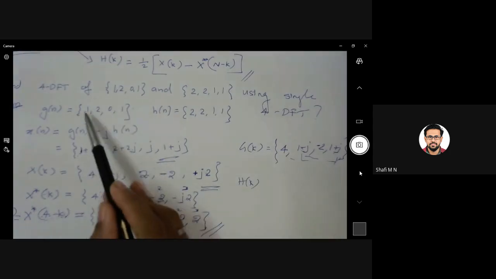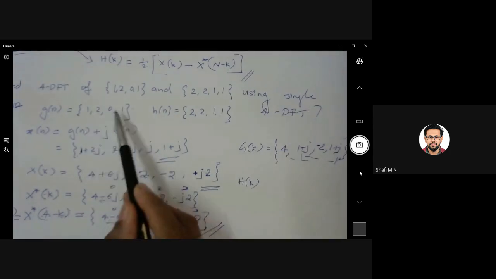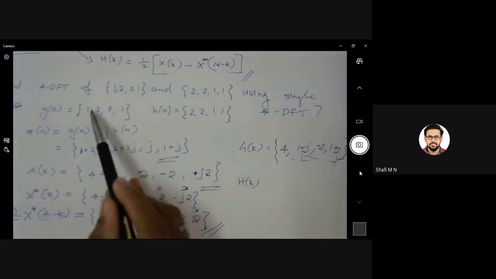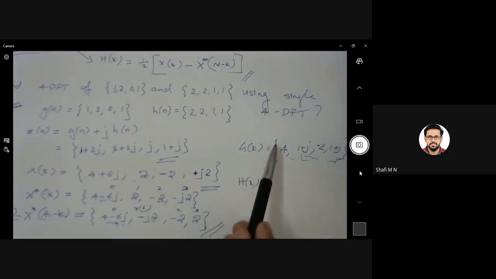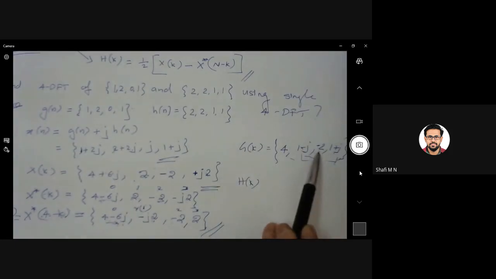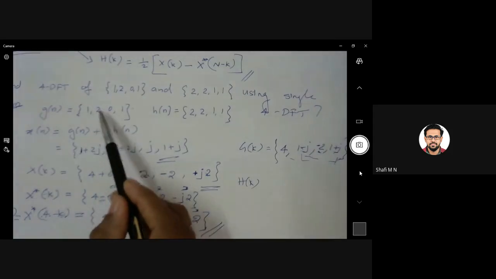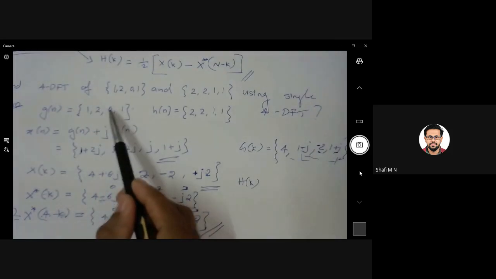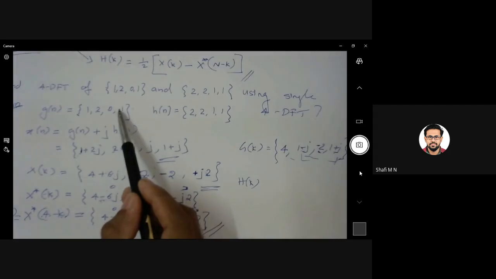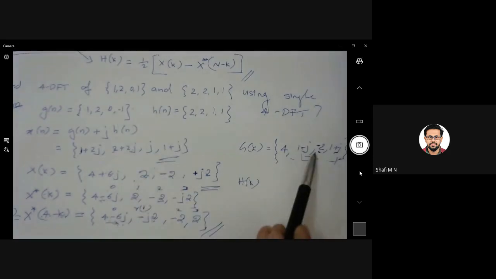First element will be the sum of all the elements. 2 plus 1, 3 plus 1, 4. That's valid. Then the middle element, we have the shortcut: x of 0 minus x of 1 plus x of 2 minus x of 3. 1 minus 2 is minus 1. Plus 0 is minus 1. Plus 1, minus 1. That will be minus 2. So everything is valid over here.